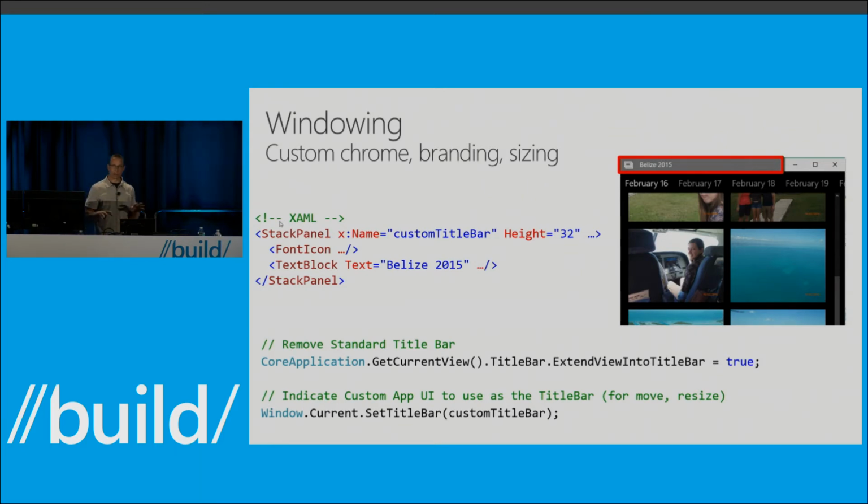And you can put that anywhere in your page. That's the thing you can then use to move around your app and resize your app. So super powerful. Not only can you do custom Chrome, you can do it just using declarative XAML markup. And I'll show you a demo where I did exactly that. And it's really just that easy.